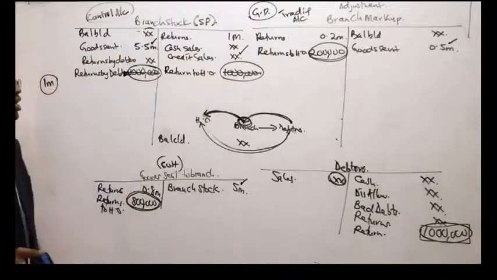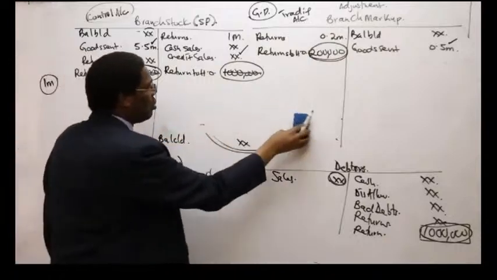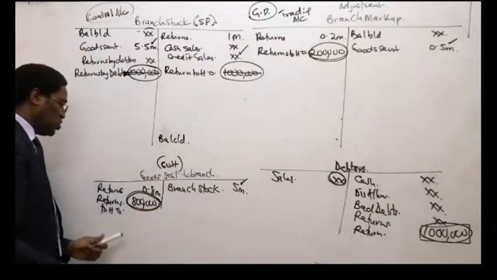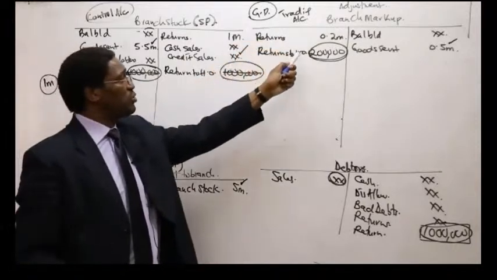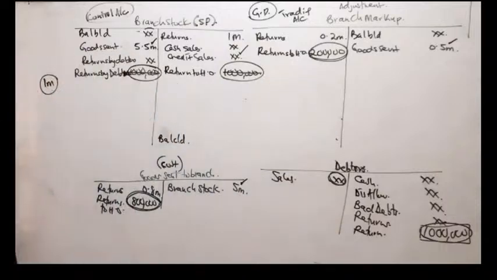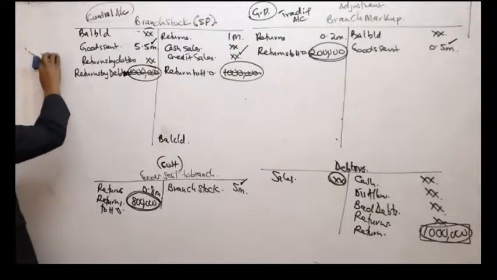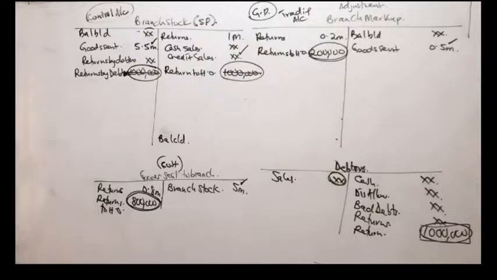That is in case a data returns goods direct to the head office. So that is it for goods returned by data to the head office.